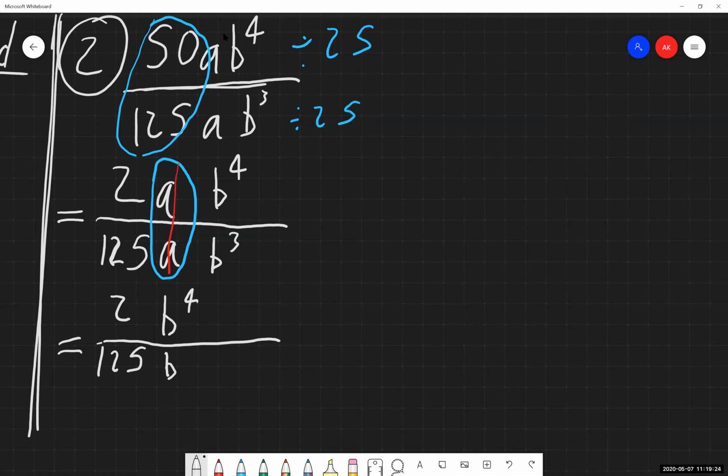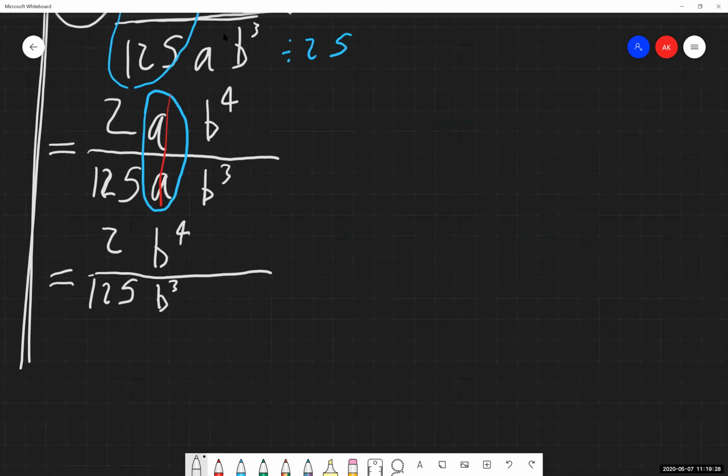And now I'm just left with b to the fourth over b cubed. I have 4 b's on top. I have 3 b's down below, which means I'm going to have 1 left over because I can cancel 3 of those things out in the top and the bottom. So I'm going to have 2b on top.